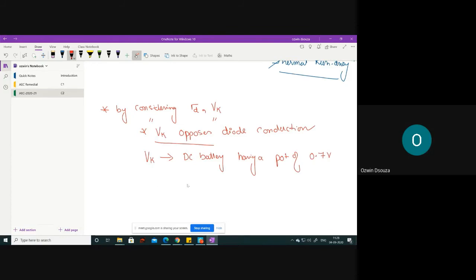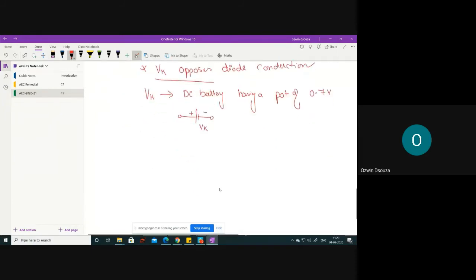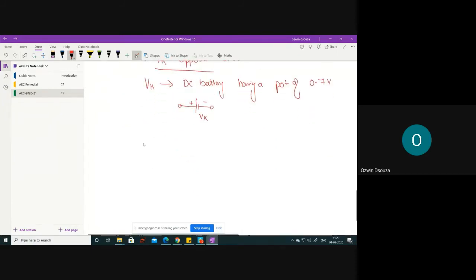That is because the potential is fixed. So you can consider Vk as a tiny battery cell. So this is your Vk. Now let us place this Vk in our circuit.